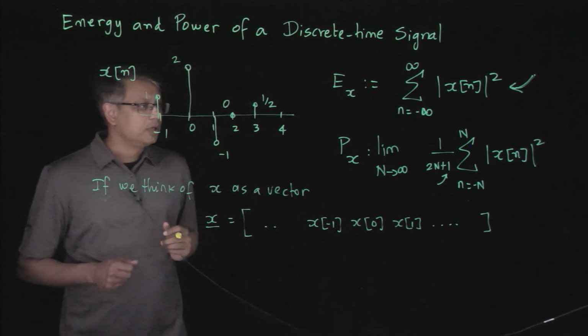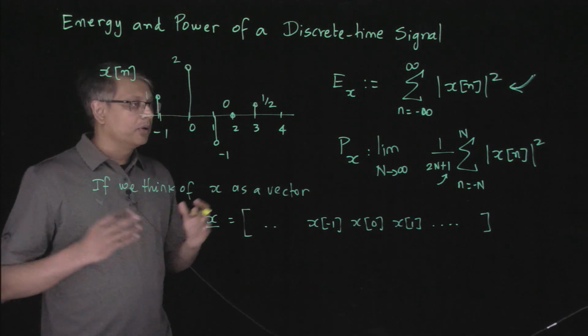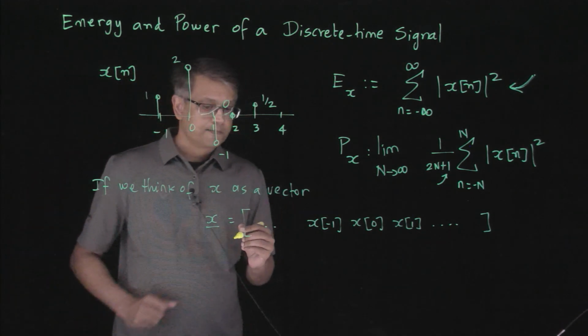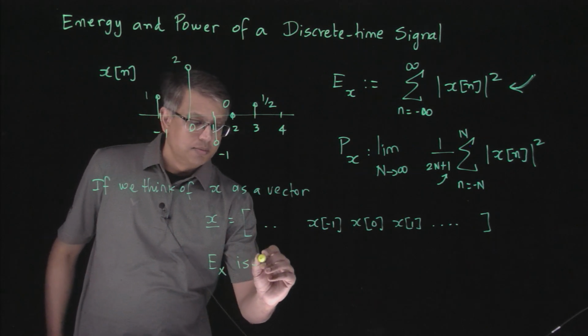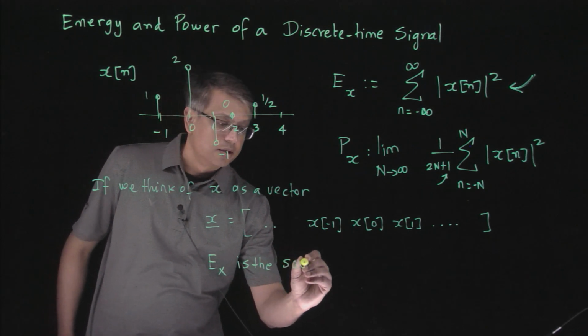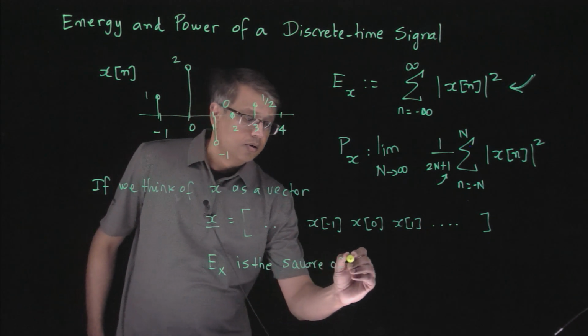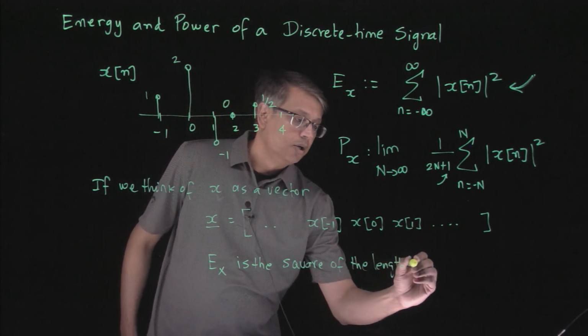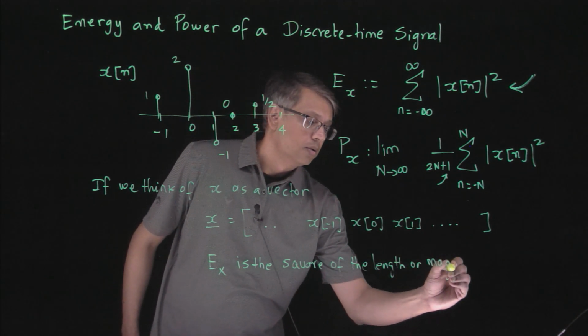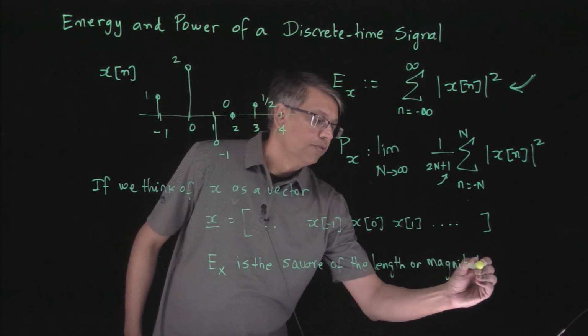That's a much more intuitively pleasing quantity to think about how large a signal is. So our definition of E sub x is nothing but the square of the length or magnitude of the vector x.